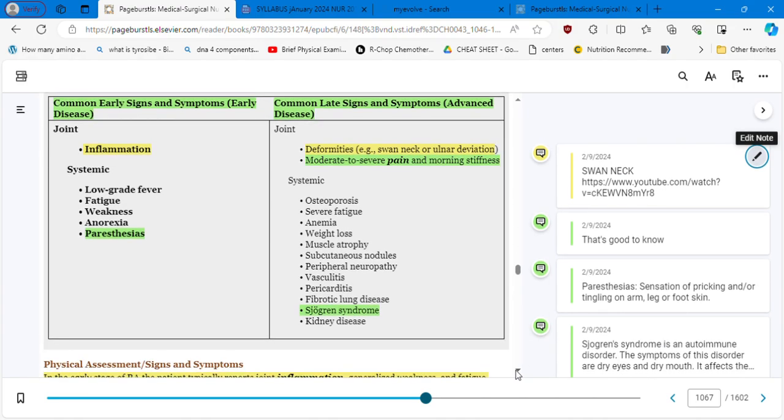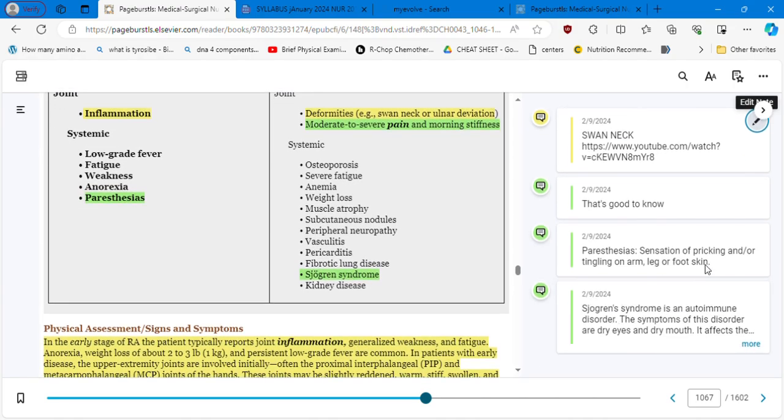Dr. Matalana, what is paresthesias? Paresthesias is a sensation of prickling or tingling on the skin of the arm, leg, or foot, okay? And all the description in this table is good to know.